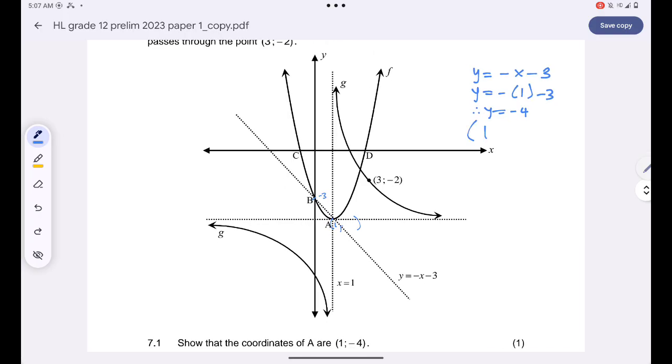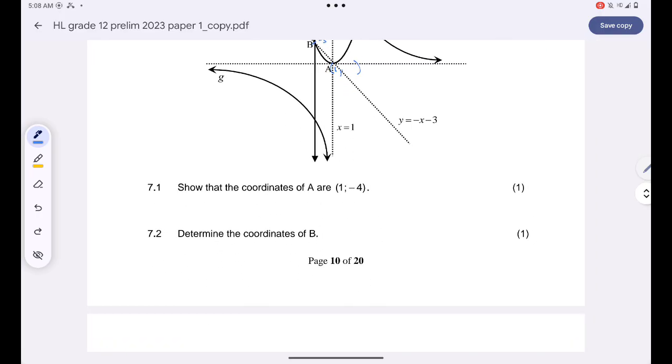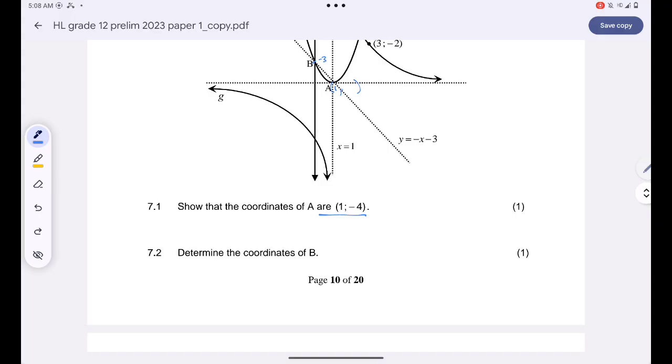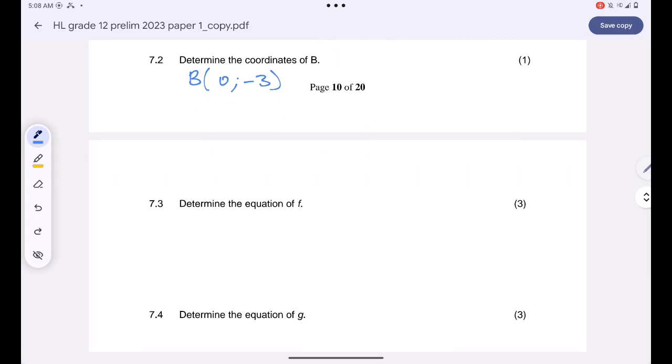That's why when x is 1, y is equal to -4. Are you together? And then now we must determine the coordinates of B. B is the y-intercept of both the quadratic function as well as the axis of symmetry. So this is the y-intercept over there. So for the coordinates of my y-intercept, I know on the y-axis, x is always 0, and the corresponding y value will just be equal to -3.